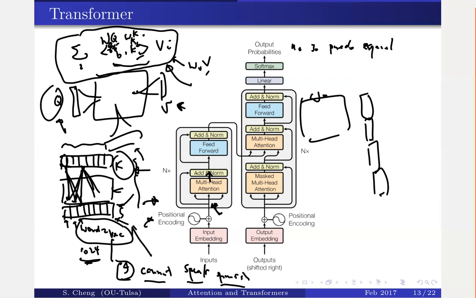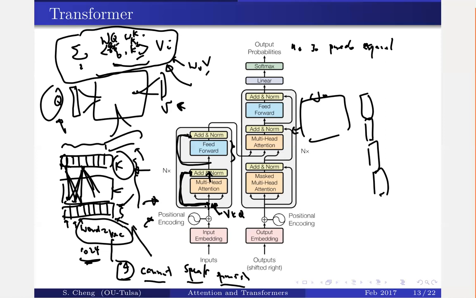After the multiplication, we add this part here too. It's like a skip connection in ResNet: a portion of the input is pulled out and put back here and added to this component. After that I go to a simple feed forward layer, and I also have a skip connection here as well.